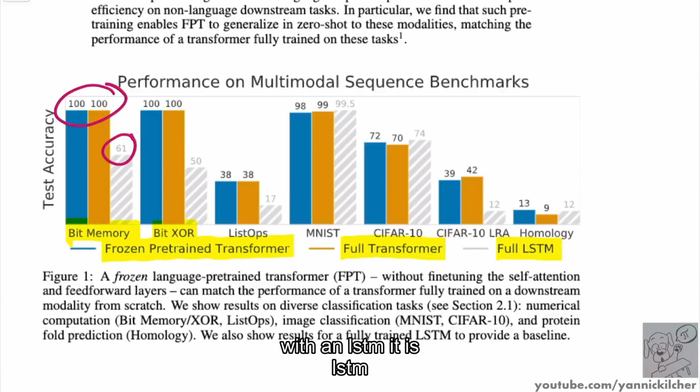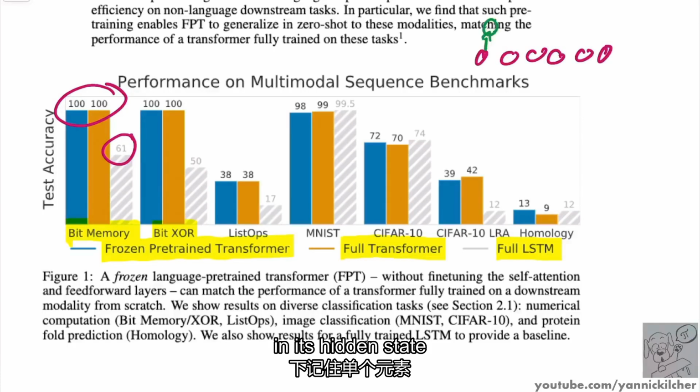So the comparison with an LSTM, it is cool to see that the LSTM doesn't get this relatively simple task, but it also might just be a function of how large the LSTM is and how much rigor goes into training one. Nevertheless, the LSTM can't solve it, and that's because the LSTM takes in a sequence just one at a time, and it needs to remember in its hidden state what the individual elements are, and it can't go back, right?